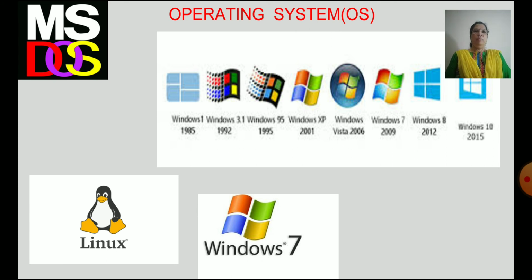So, the operating system acts like a middleman, or you can say an interpreter, because the computer doesn't know any language. The computer knows only binary language, and binary language consists of zeros and ones, that is machine language. So, we need an operating system.